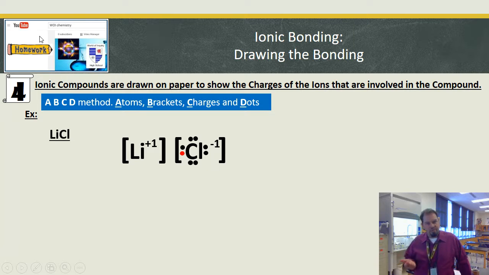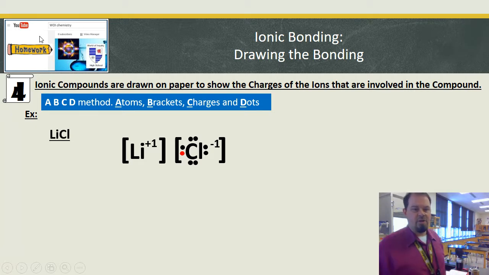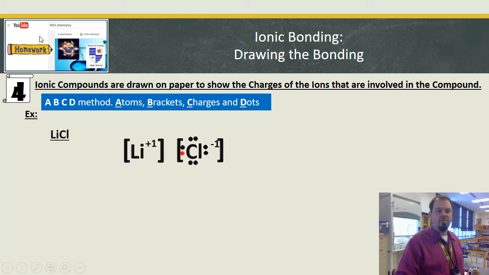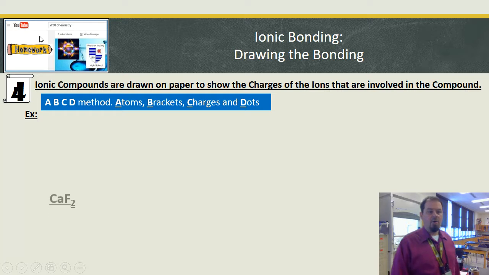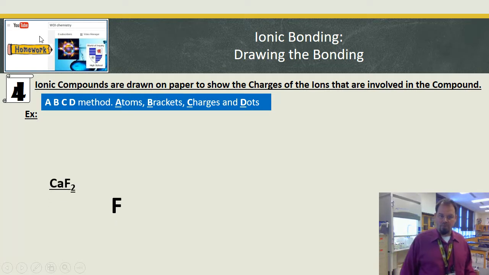When lithium loses an electron, it becomes a +1 ion. When chlorine gains an electron, it becomes a -1 ion. Plus and minus stick together. So this is the correct way to draw lithium chloride, okay? And I know I need one of each because those charges, +1, -1, equal 0.